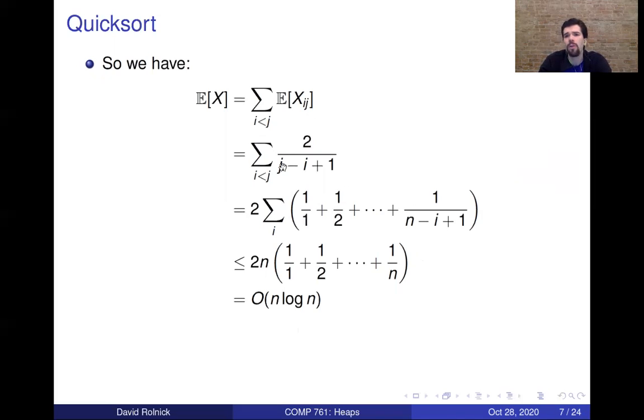Well, j could be all the way up at n, so it could be n minus i plus 1. But here I'm just going to do an upper bound. So this is less than or equal to going all the way from 1 over 1 to 1 over n. And this is equal to O of n log n. Why is that equal to O of n log n?